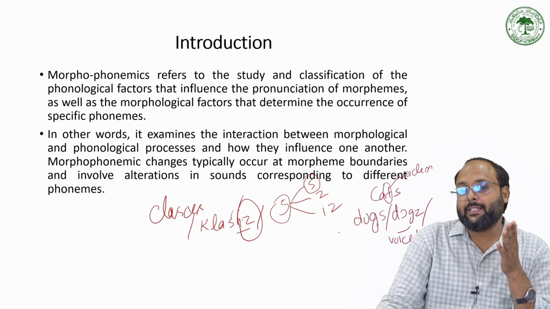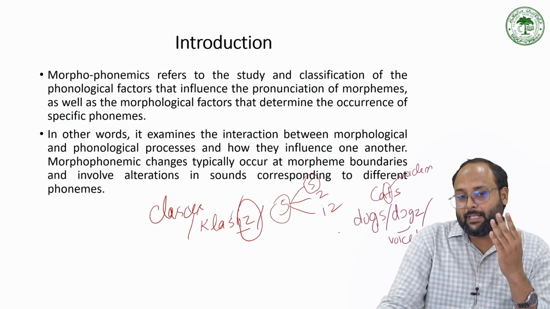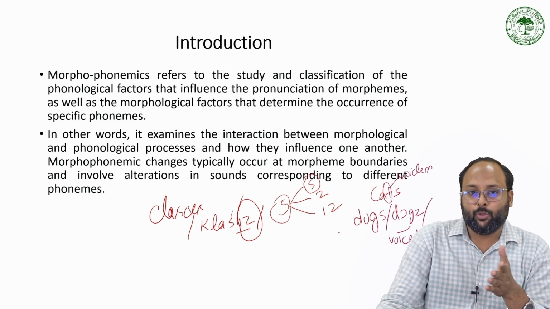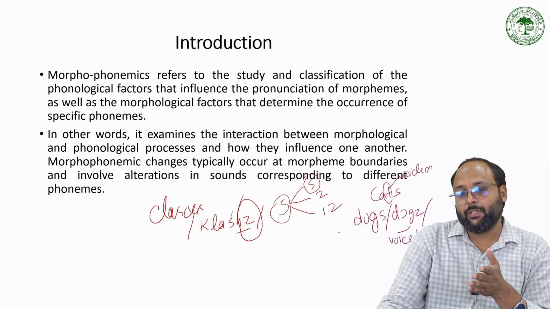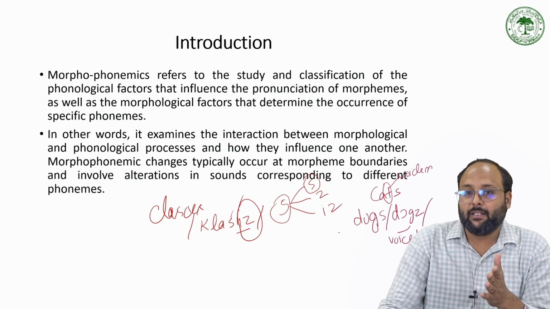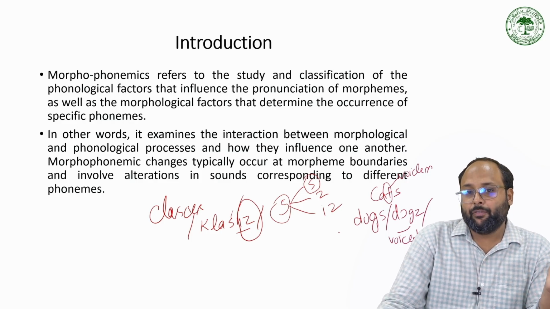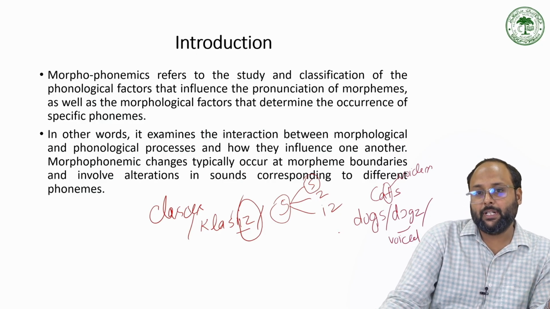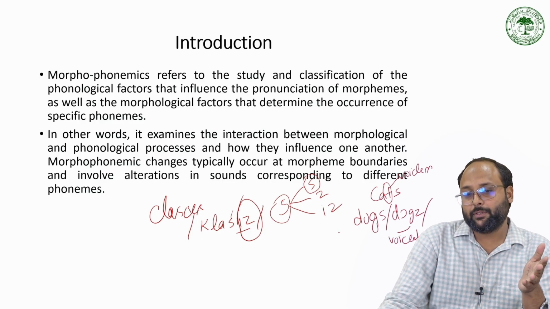That is why we say this kind of influence, alternation and variation happens due to the morphophonemic process, where one particular morpheme has different realizations because of the different phonological environment, meaning different preceding and following phonemes.